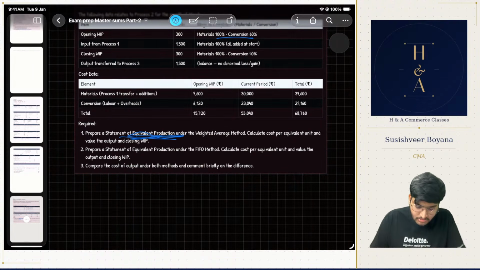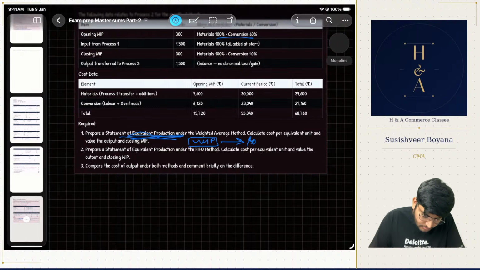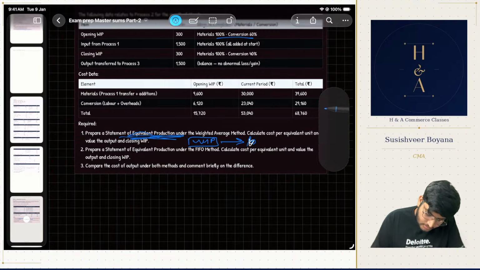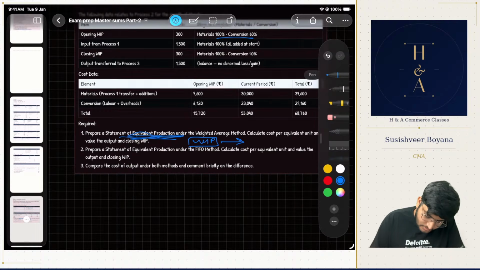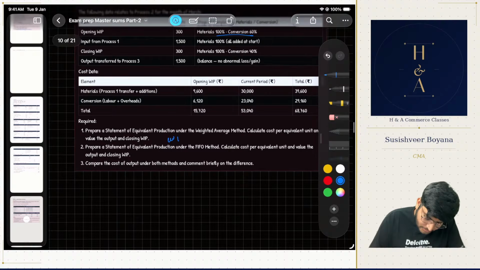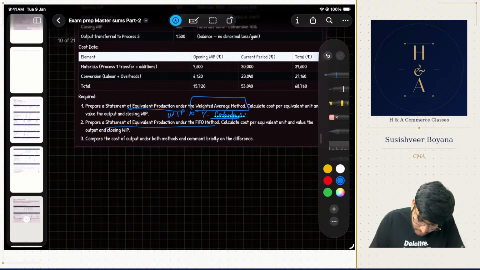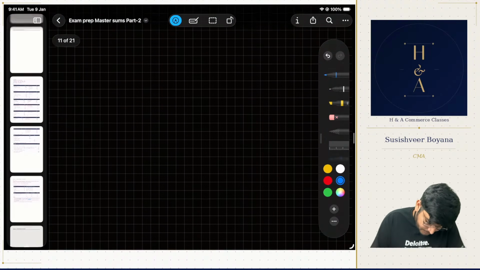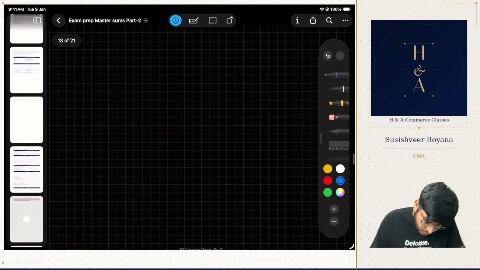For the balance which is in WIP, it has to be valued based on the percentage of completion, and it is the weighted average method. Statement of equivalent production rate. You guys can go through these sums.